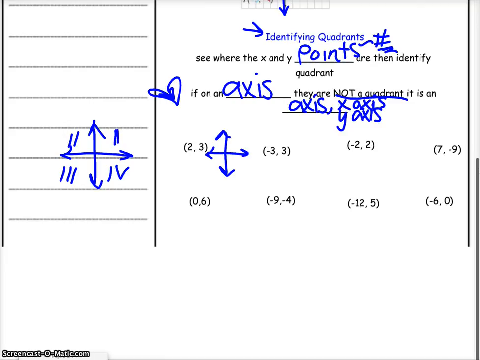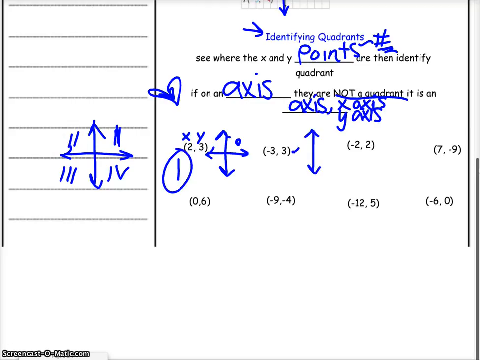So if I have the point (2, 3), remember 2 is my x, 3 is my y. I would need my x to be 2 is over here on the right hand side, y is 3 is up. So I would be in this top right quadrant, which represents quadrant 1. The point (-3, 3).